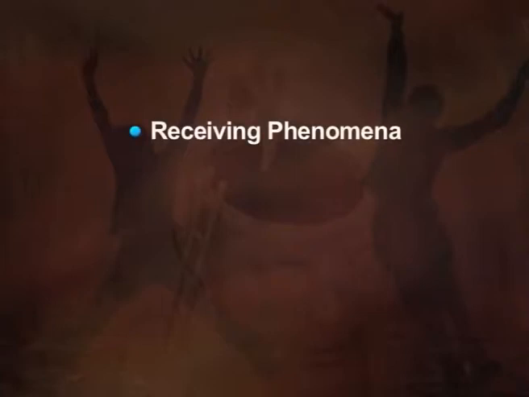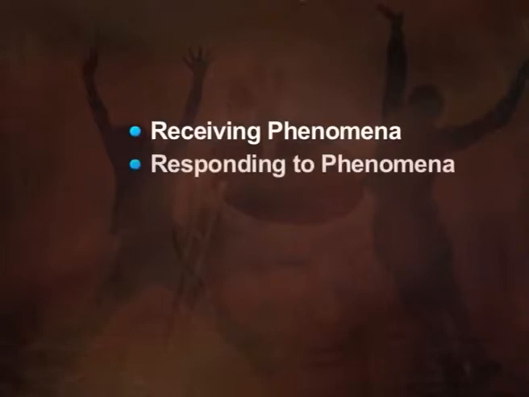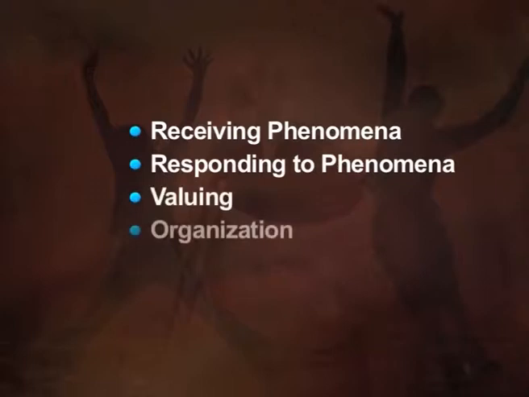The 5 major categories that are included in the affective domain are receiving phenomena, responding to phenomena, valuing, organization and internalizing values. They are also listed from the simplest behavior to the most complex, like the other domains.